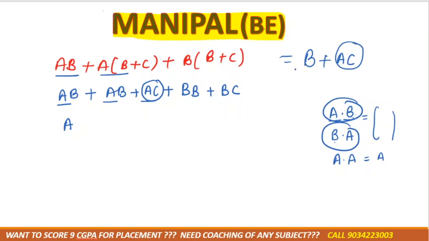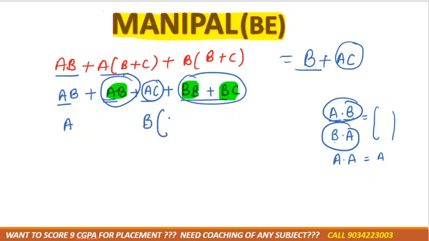Now this B: can we take B common from these three terms, AB, BB, BC? Yes, we can take B common from these terms. Sorry, B·B is how much? Tell me.